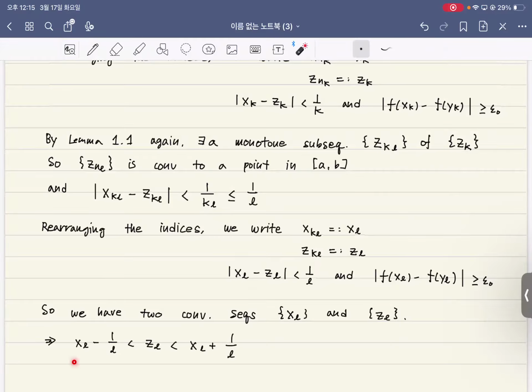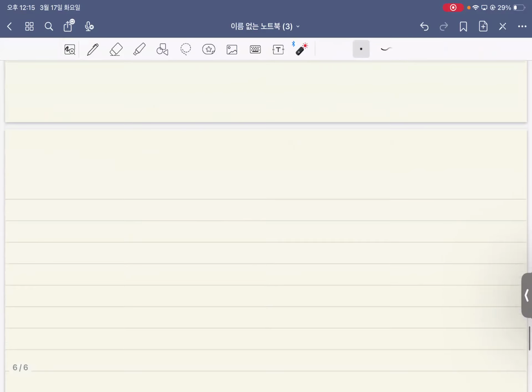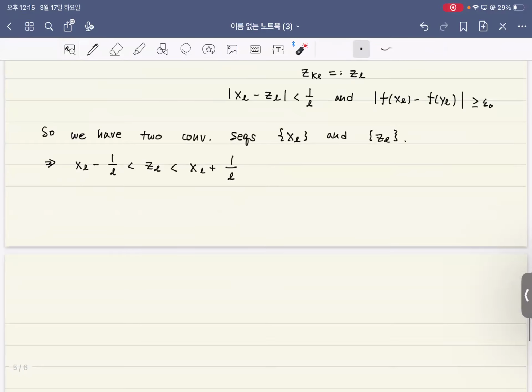So, by the squeeze theorem, as l goes to infinity, the limit of xl and the limit of zl must be the same, which we will call c.